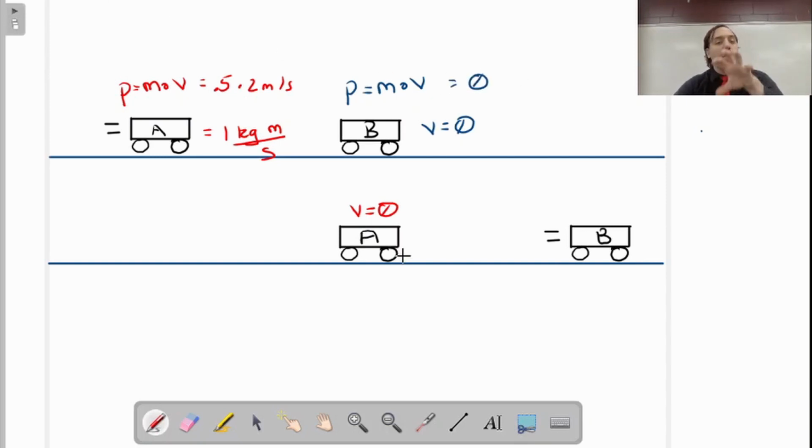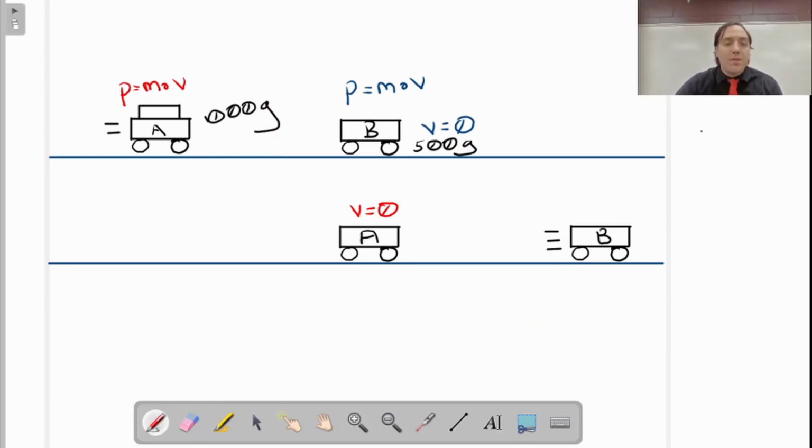So the total momentum of the system is 1 kilogram meter per second in the positive x direction. After the collision, the momentum of this A car is 0, which means the momentum of the B car has to be 1 kilogram meter per second to match. Which means that if the mass is still 0.5, the v would be 2 meters per second to match.